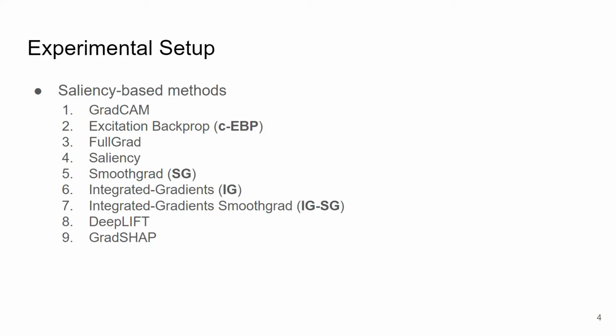The saliency-based methods that we have considered are GradCam, excitation backprop, and FullGrad, which generate broad region-level saliency maps. Then saliency, SmoothGrad, integrated gradients, the SmoothGrad variant of integrated gradients, DeepLift, and GradShap, which all generate pixel-level saliency maps.